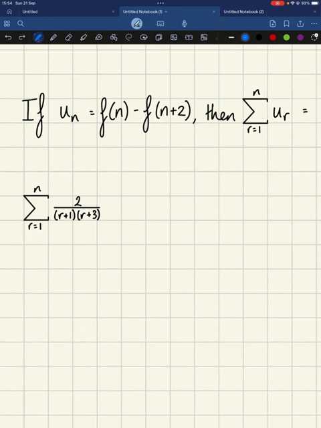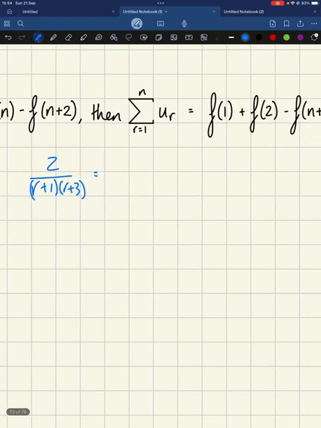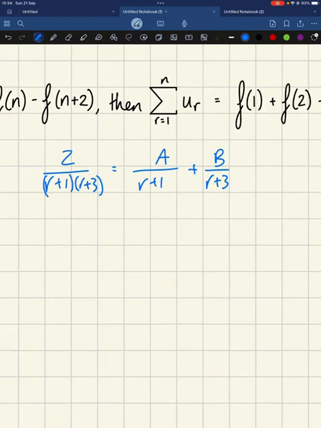So the sum of this, well, partial fractions again. So we can say that 2 over (r plus 1)(r plus 3) is equal to a over r plus 1 plus b over r plus 3. Now multiplying by that, we'll get 2 is equal to a(r plus 3) plus b(r plus 1).